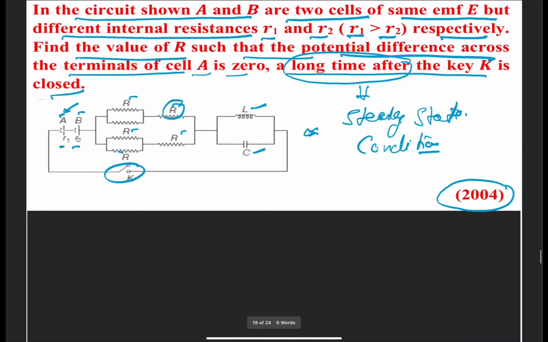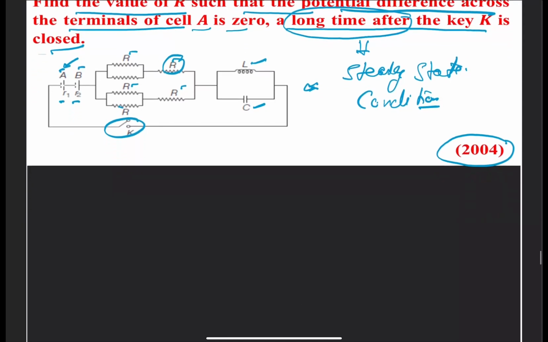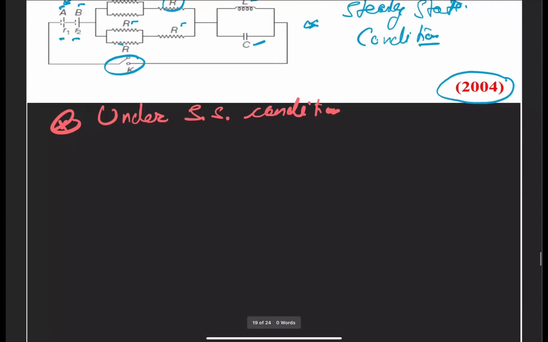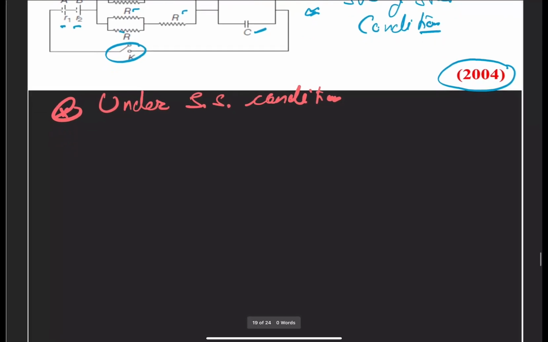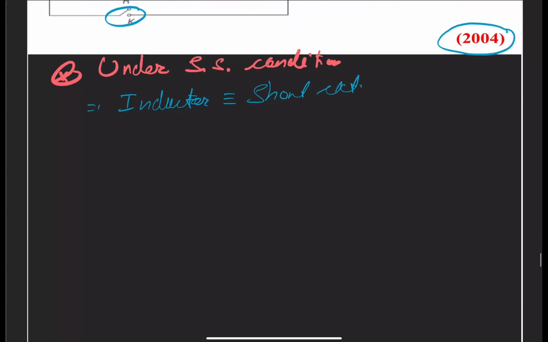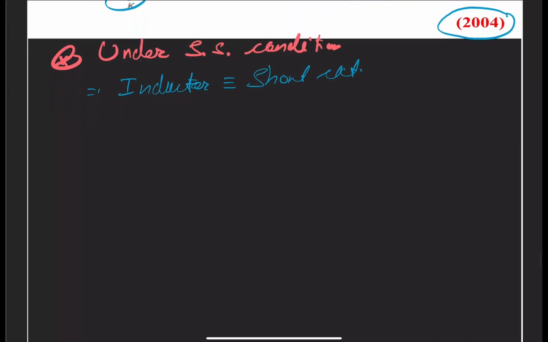Under steady state condition, the inductor will be acting as a short circuit, and the capacitor will be acting as an open circuit.